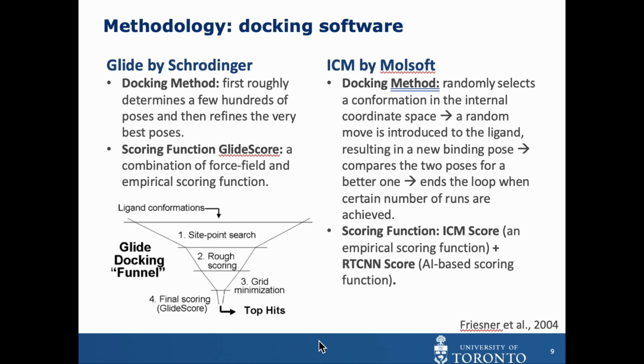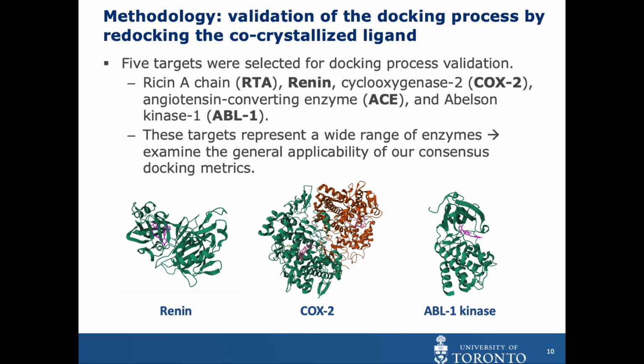ICM scores the final poses by summation of the ICM score and the RTCNN score. ICM score is an empirical scoring function, while the RTCNN score is an AI-based scoring function. Thus, we see that Glide and ICM use different docking methods and scoring functions, allowing us to use these programs within our consensus docking strategy.